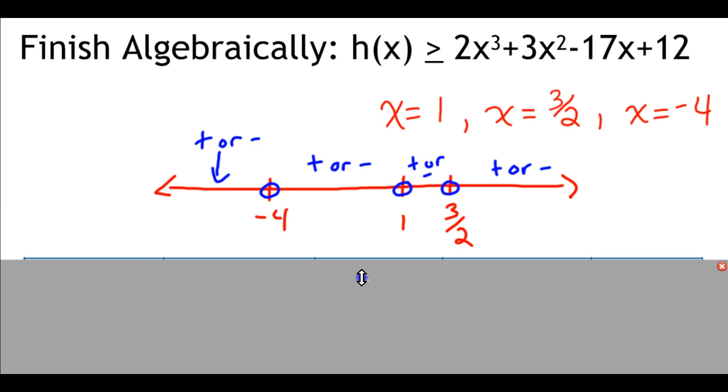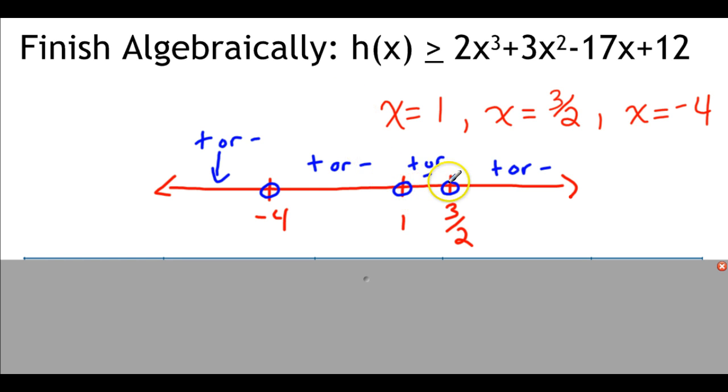and this will look a little strange, but understanding that my zeros are at -4, +1, and 3/2, it means that whatever this graph looks like, it's going to be positive or negative between those points. Okay, so the point -4 here is a key point for me.